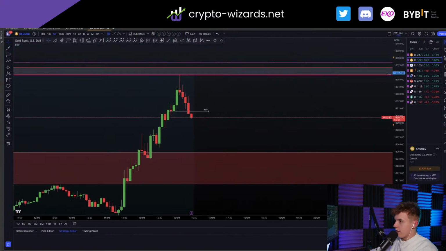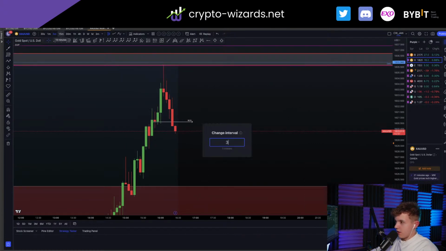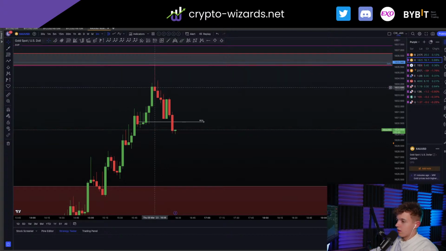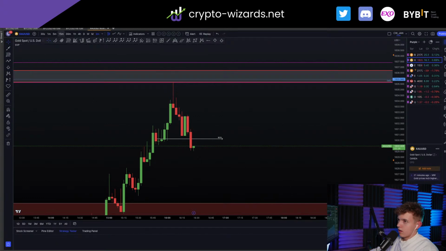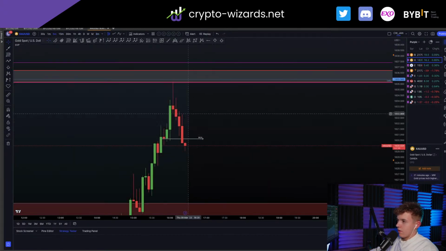All right, so we are getting the break of the structure here. Unfortunately, there is no FVG to get in. Yes, no, there's not. Not on a 5 minute.